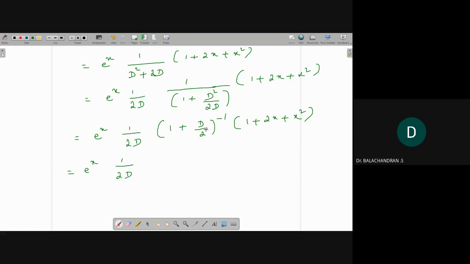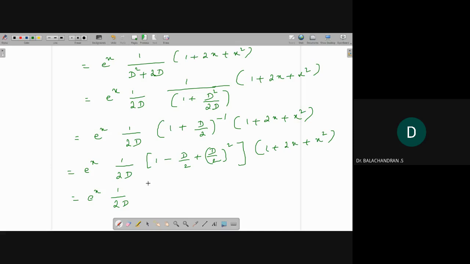Which is equal to e power x, 1 by 2D, this is (1 plus x) whole power minus 1. Now we should tell where I need to stop here. So 1 minus D by 2 plus (D by 2) whole square. I think up to this is enough. Yes, enough, it's correct. So e power x, 1 by 2D.